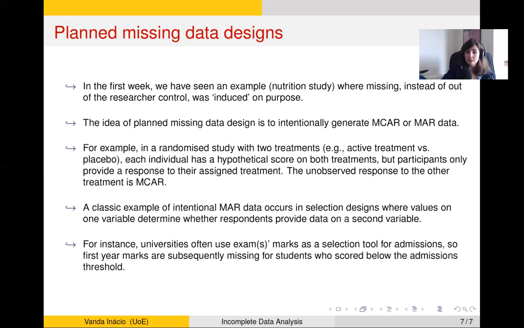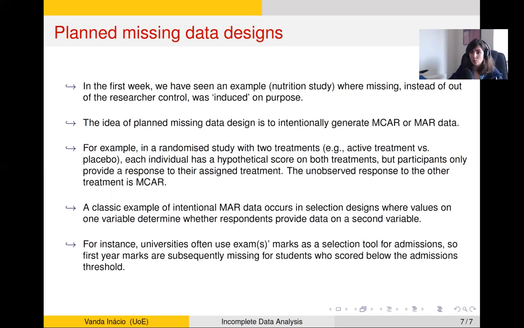Hypothetically, each individual in the sample has an outcome for each of the treatments. But since we assign subjects to only one of the treatments, the outcome for the other treatment is missing.